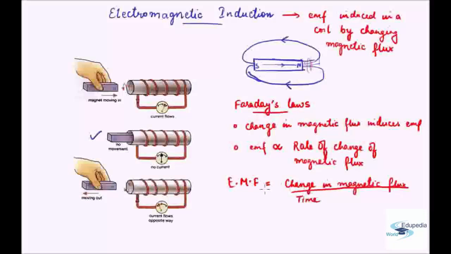So basically electromotive force is the rate of change of the magnetic flux. Okay, now this gives you an idea about what is electromagnetic induction, what causes electromagnetic induction resulting in production of current, and what Faraday's laws are.